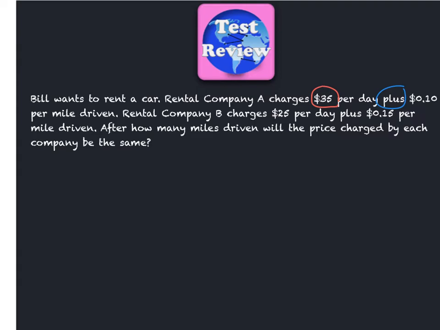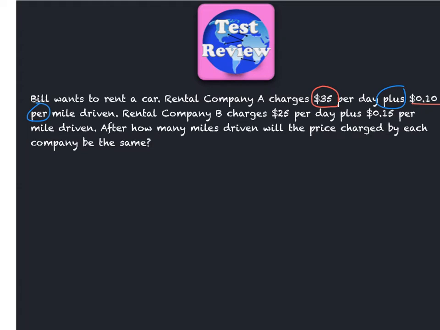Per is a rate word, so that's obviously going to mean multiplication, multiplying by the amount of miles that we drove that day, and that'll represent how much we're being charged for our miles. And $35 per day would also depend on how many days we travel, but once you finish reading this problem, we'll notice that we're just going to focus on one day. It's just going to be 35 plus 10 cents per mile.